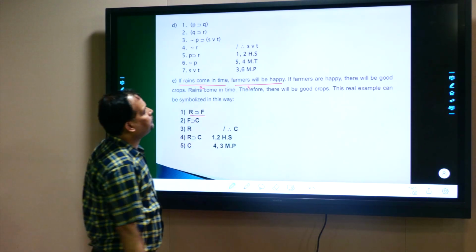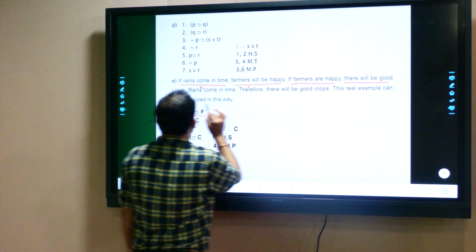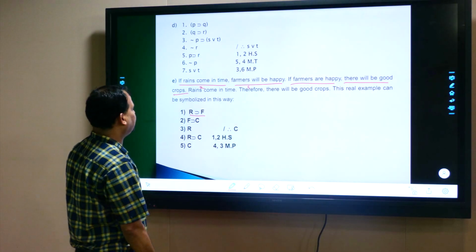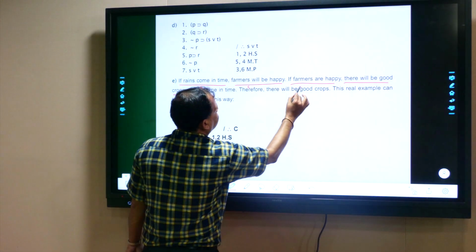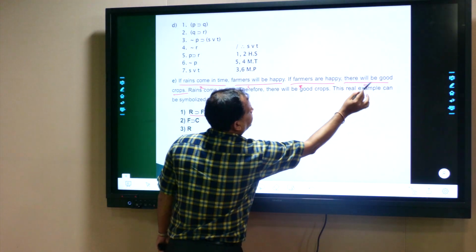Next one: if farmers are happy, there will be good crops. How can we symbolize? Again F for farmers, and C for good crops.